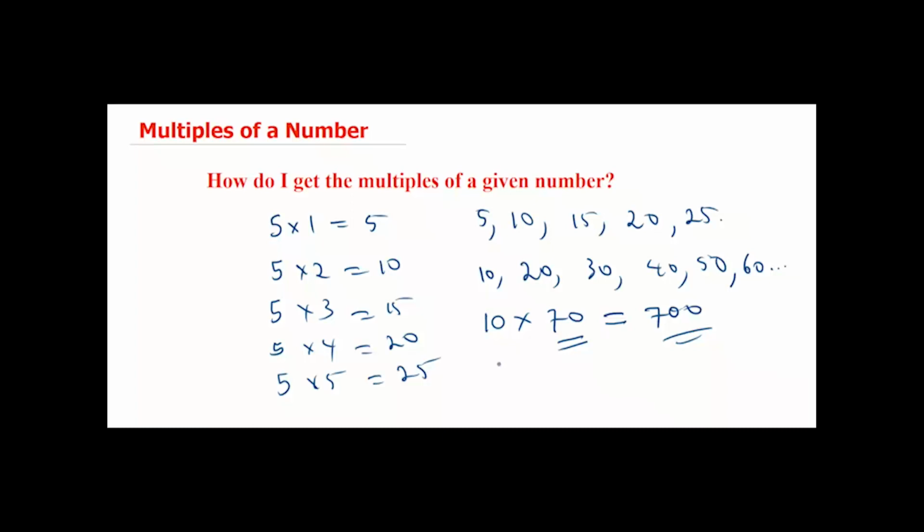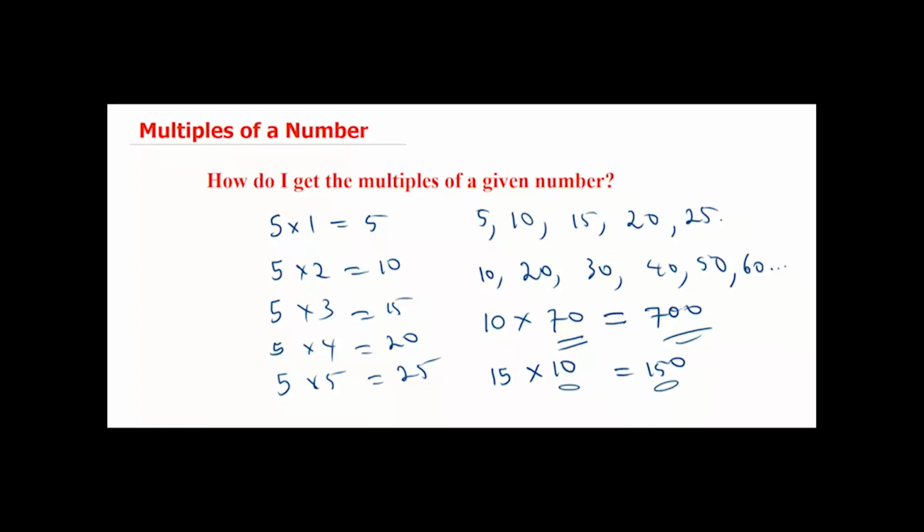Let's say you want to get the 10th multiple of 15. The number is 15 and the position is 10. So you just say 15 times that position, and this will give you 150. So this is how to get the multiples of a given number.